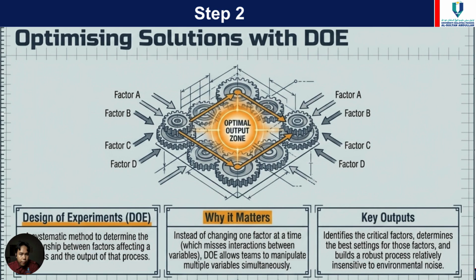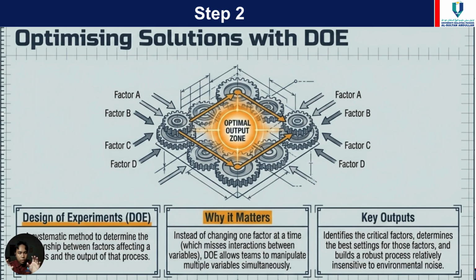Why does this method matter in this phase? Instead of changing one factor at a time, which misses interaction between variables, DOE allows the team to manipulate multiple variables simultaneously. Let's say in the process there are two problems: if we tune one problem, it may cause another problem.